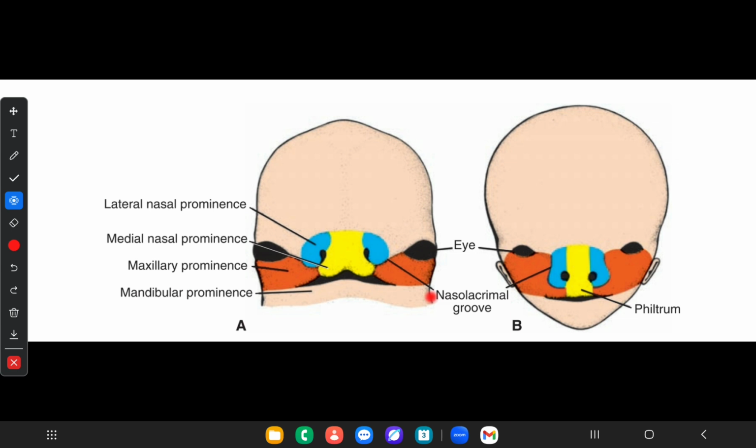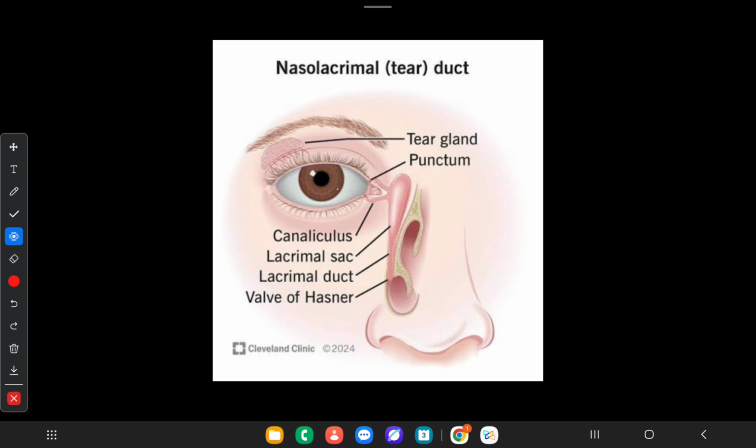After canalization, the cord forms the nasolacrimal duct. Its upper end widens to form the lacrimal sac. Following the detachment of the cord, the maxillary and lateral nasal prominences merge with each other.